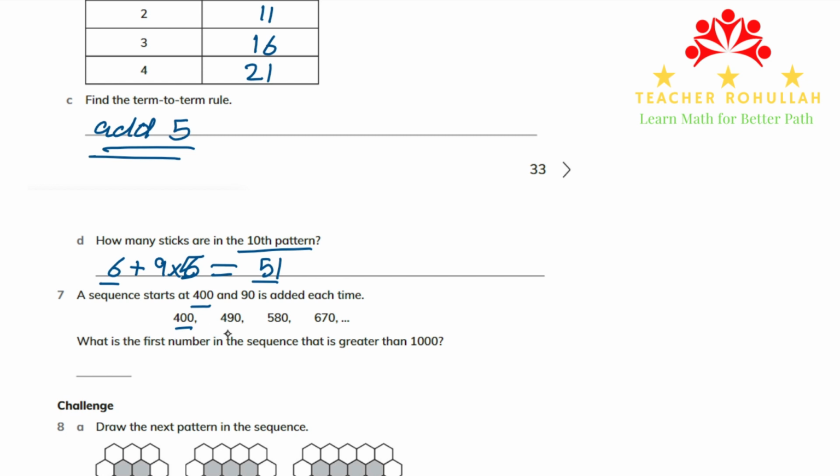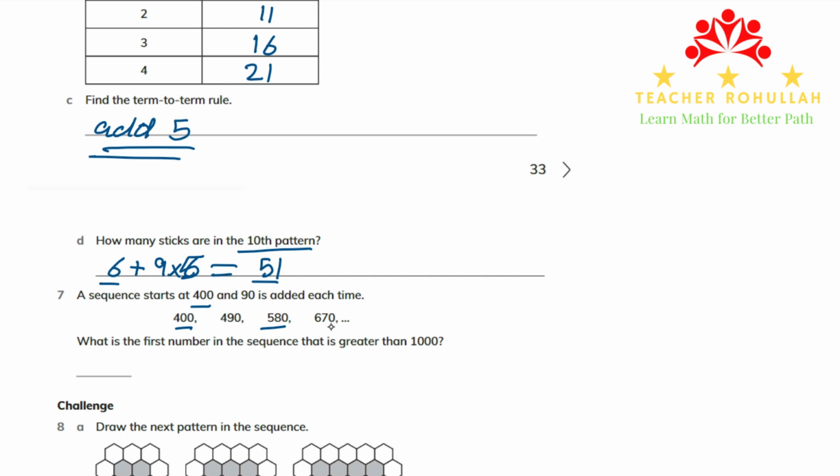So if we have 490, to get the next one, we add 100 and then we reduce it by 10. So 490 plus 100 is 590, but if we take away 10 from it, it will be 580. The same way, 580 plus 100 is 680.